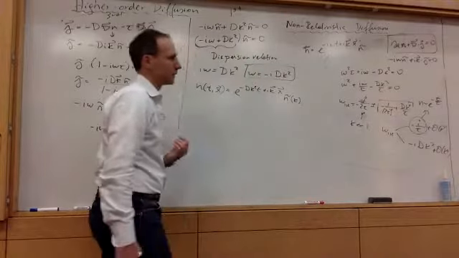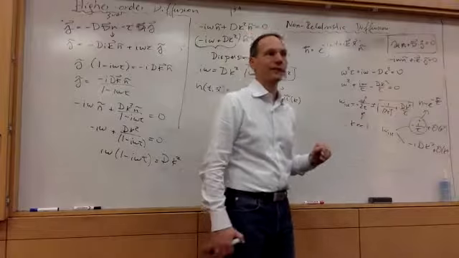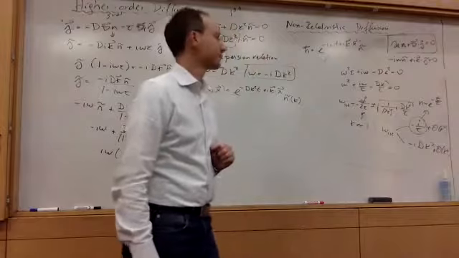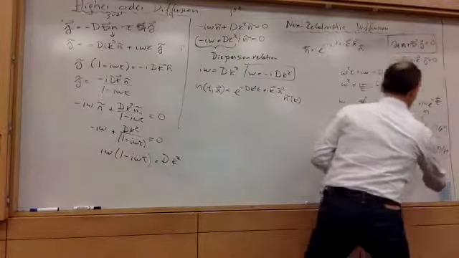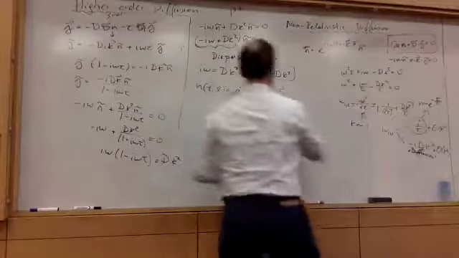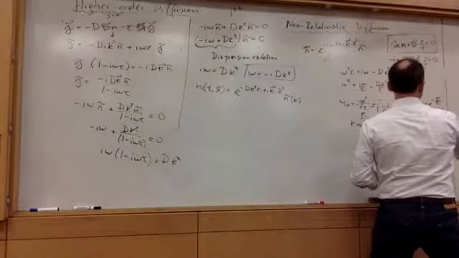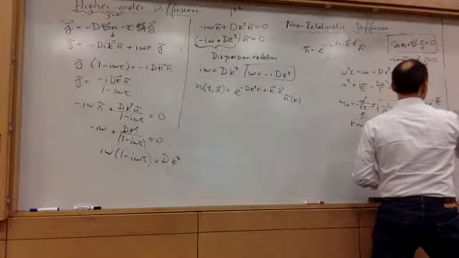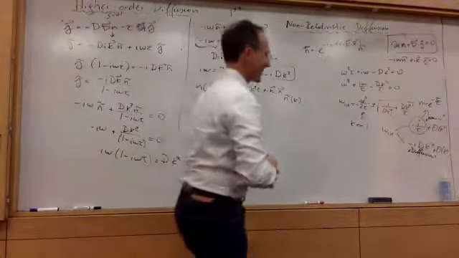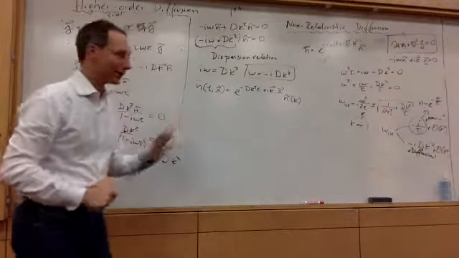Even though I'm not talking about hydrodynamics, I will call this thing a non-hydrodynamic excitation. This one is the usual diffusion pole that we found in usual diffusion, and this is some other thing. It's a bad word anyways. Non-hydrodynamic. Come on. Anyways, so it's something else. It's not usual diffusion.